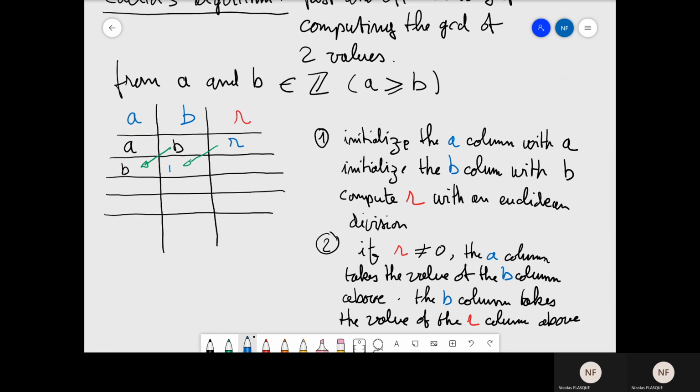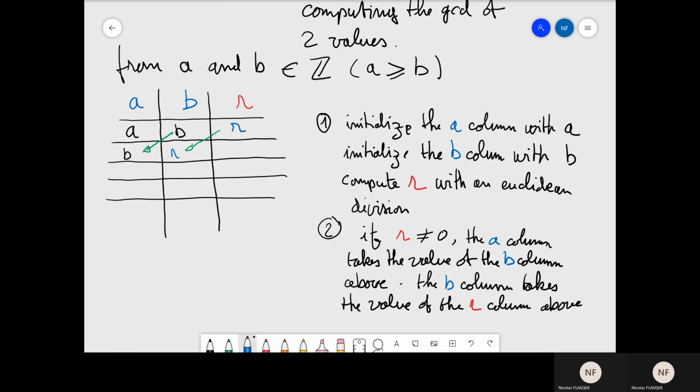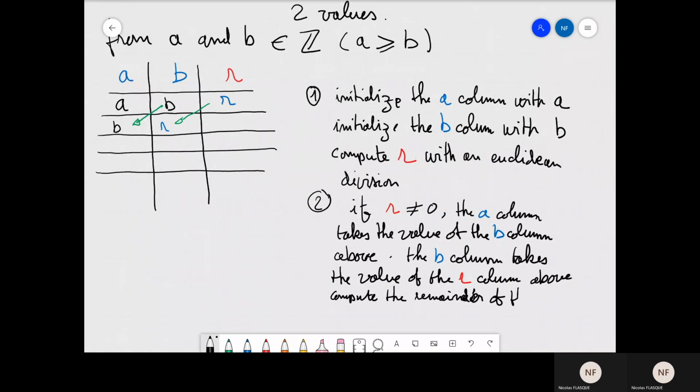So here B, R, and now compute the remainder of the Euclidean division of B by R. You will have a new value, which is a new remainder, and jump back to step 2.